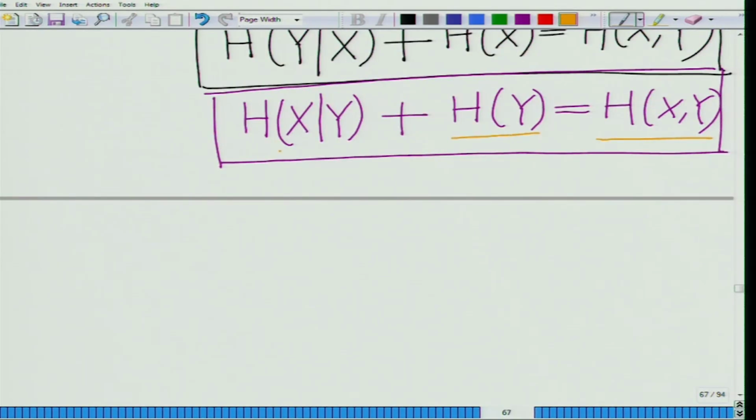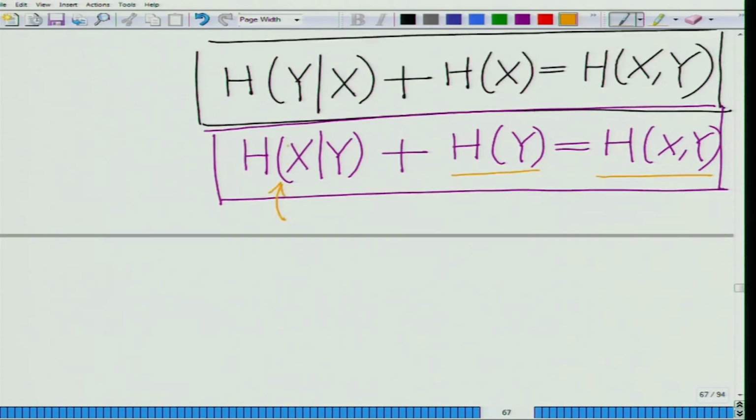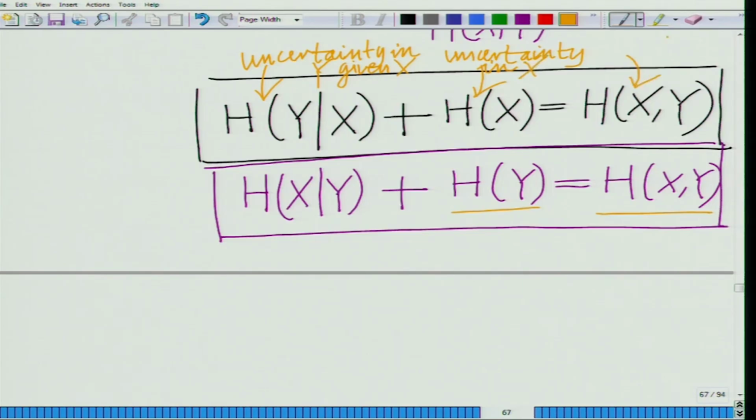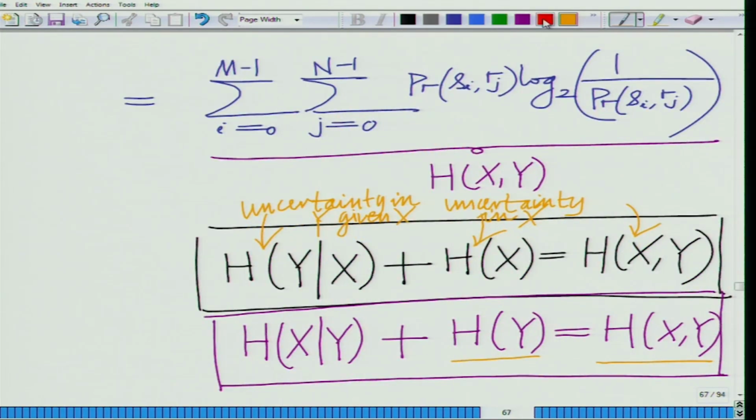So, let us look at it this way: uncertainty remaining in y given x, h of x is the uncertainty in x, this is the joint information or joint uncertainty in x and y.